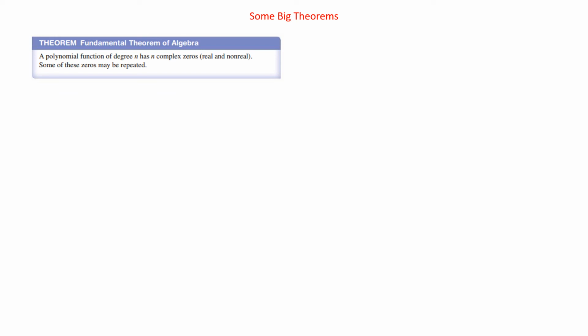So the Fundamental Theorem of Algebra just says a polynomial function of degree n has n complex zeros, which could be real and non-real. And some of them may be repeated. So if you have a fifth degree polynomial, it will have 5 zeros. It might be the same zero 5 times, but it will have 5 zeros. That's all that says.